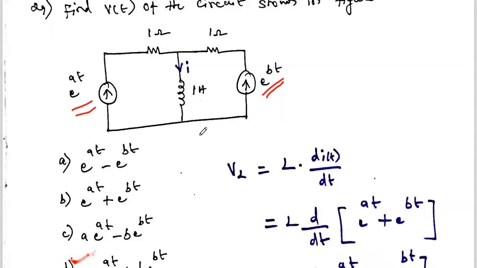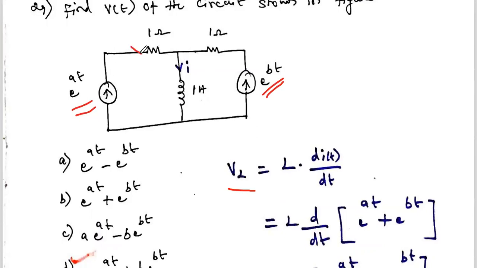So you know the general formula for the voltage across the inductor. The voltage across the inductor VL is equal to L into di by dt. The rate of change of current flowing through the inductor multiplied by the inductance value is the voltage across the inductor. So first we have to find the current flowing through this inductor. There are two current sources.